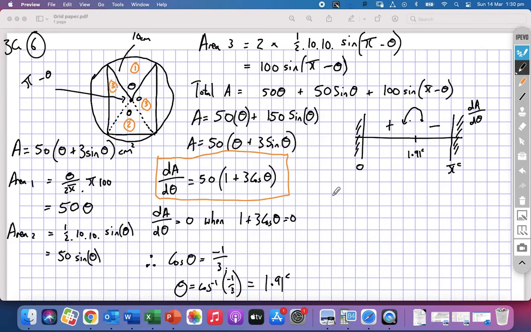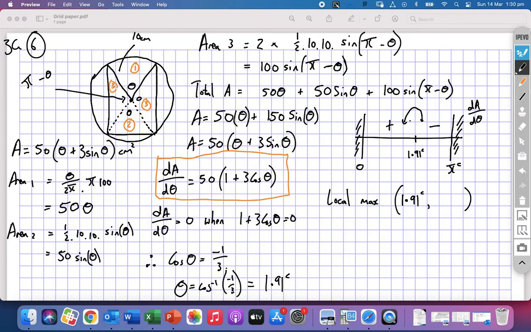So we would say local max at 1.91 radians approx, and I've got no idea of the area.